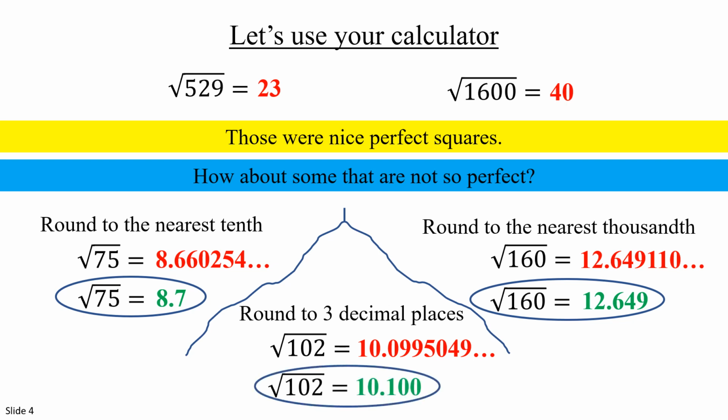Yeah, there we go. 10.100. Because those decimal places did exist and we did round, we do have to add those zeros. We can't just write 10.1. We have to write 10.100 because those values existed and we rounded through them.